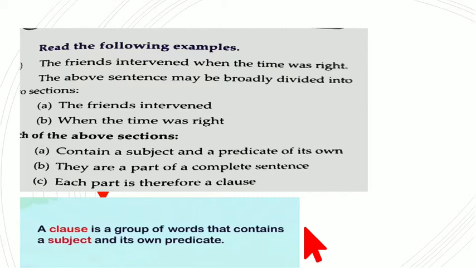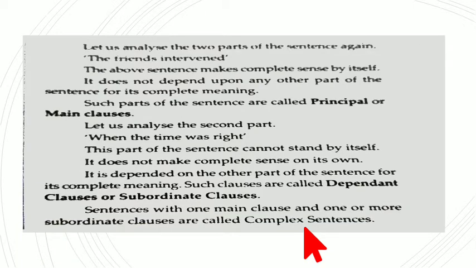Now let us see exactly what we are going to learn in clauses and how to bifurcate the main clause and the subordinate clause. We will take the same example.